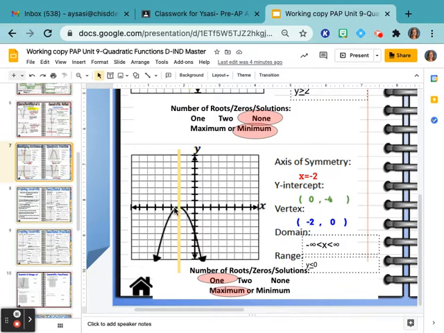So far, y'all agreeing with me? Okay. Domain on this one, -infinity to +infinity. And the range, y is less than or equal to 0. We have one root, 0, or solution, x-intercept, and our vertex is a maximum point.